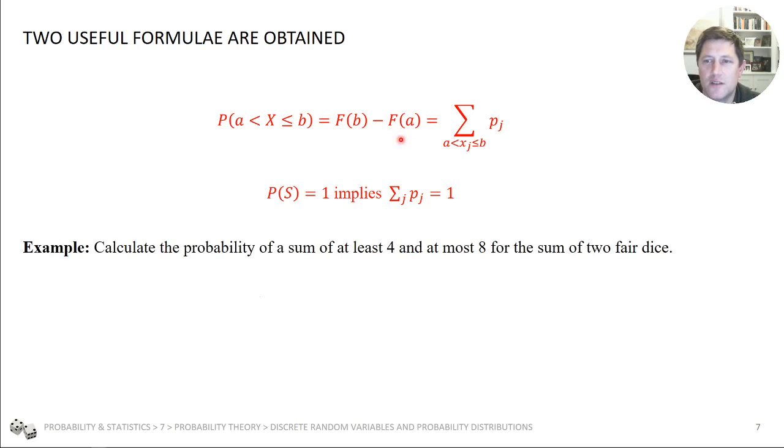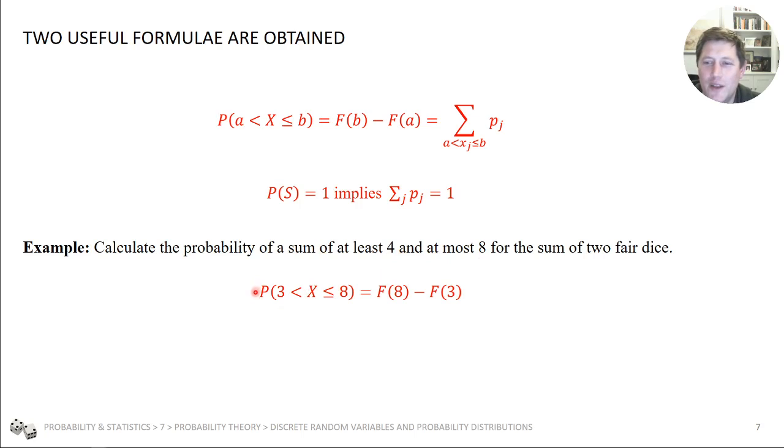So here we can use this result to calculate the probability of a sum of at least 4 and at most 8 from the sum of two fair dice. So that's taking the probability distribution we had on the last slide and using that. I've written that wrong in here. This should be greater than 3 and at most 8.